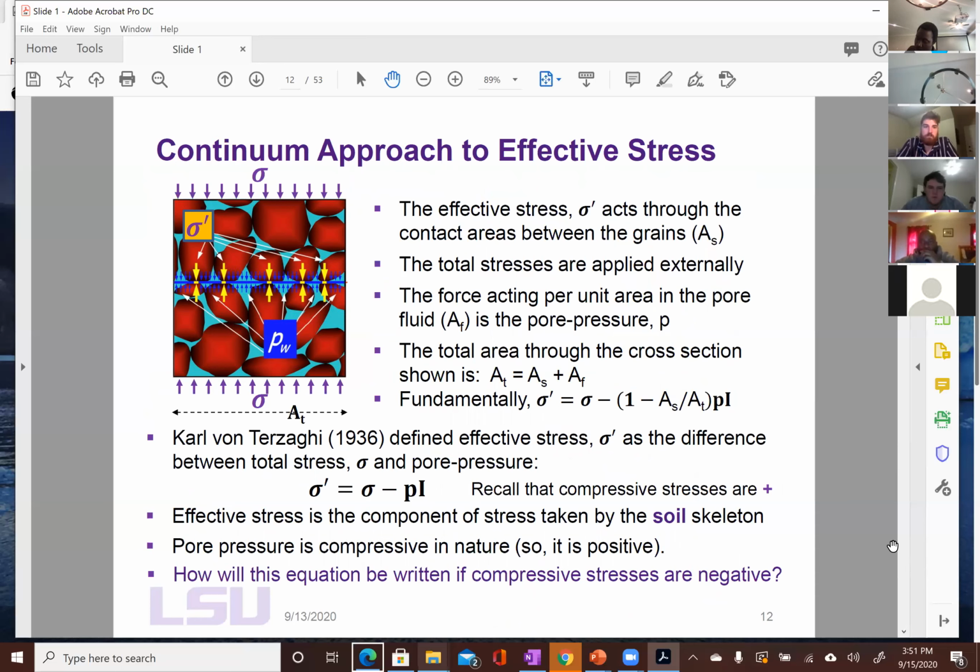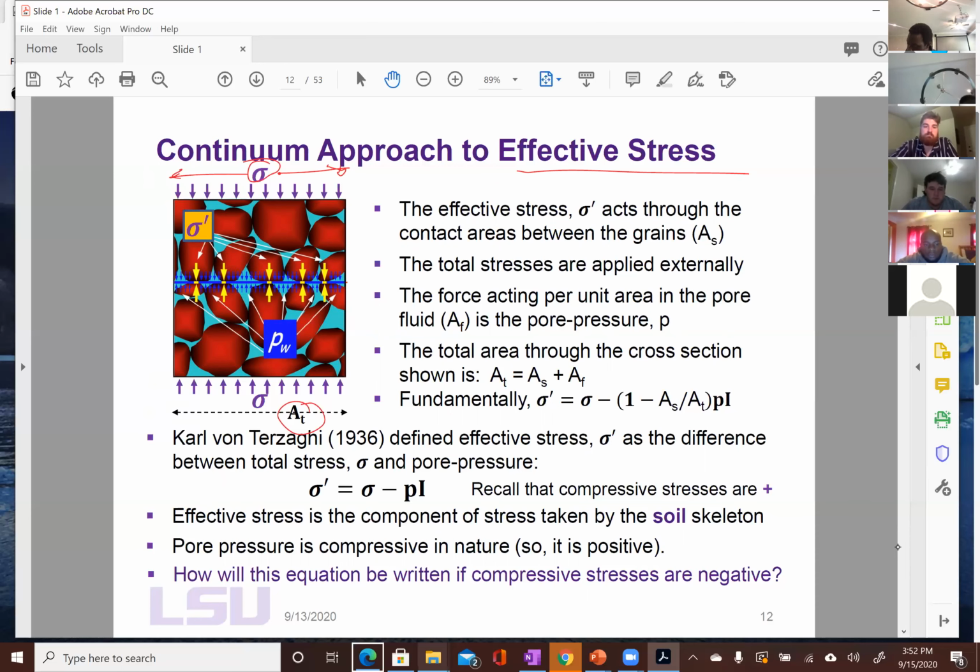And now I begin to introduce effective stress. If you apply a stress sigma on a unit of your saturated porous medium, you already know there are two components, right? The skeleton and the fluid. Well, the total area of this cross section, which is what the force per unit area acts on, the stress, that area is total area.